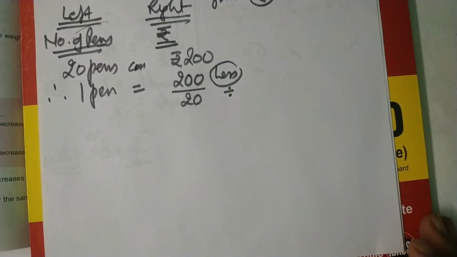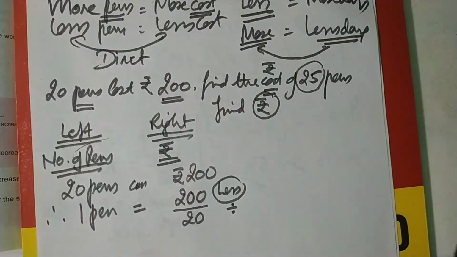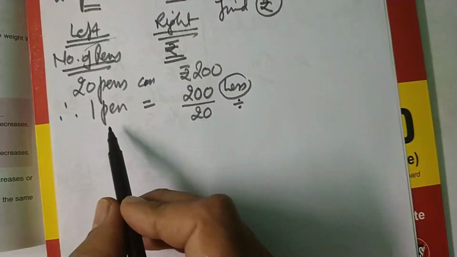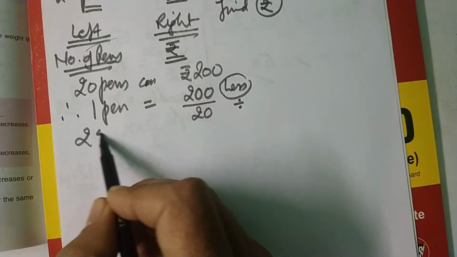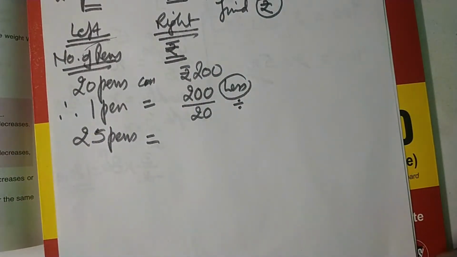And then I have to find the cost of 25 pens. Since pen is to be found, I will write pen here now. So 25 pens will cost how much?